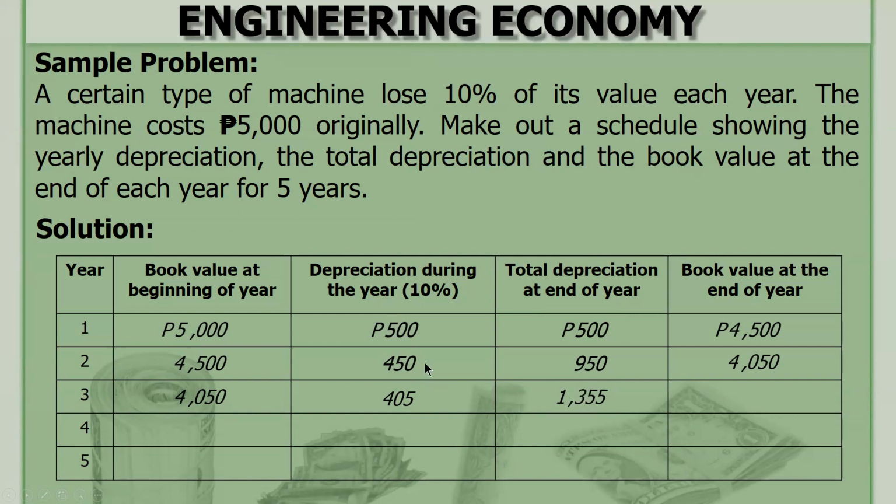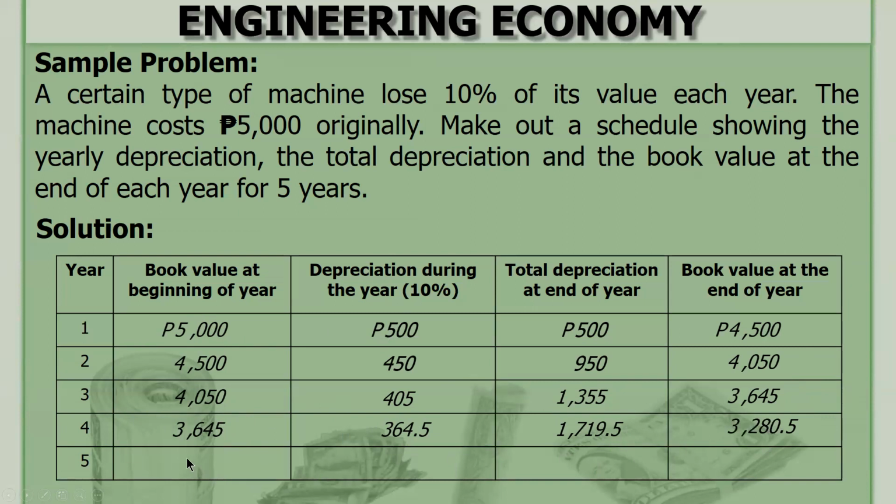So the book value is first cost minus total depreciation, or simply 4,050 minus 405. And then continue lang. Year 4, 10%, i-add, that's the total depreciation, and book value 5,000 minus this, or 3,645 minus 364.5.